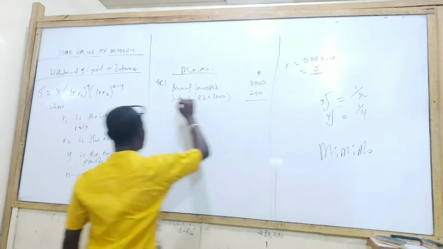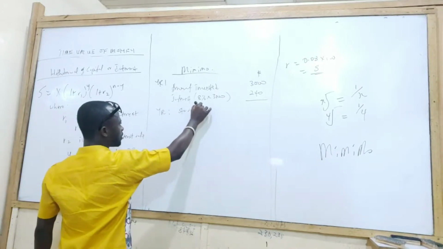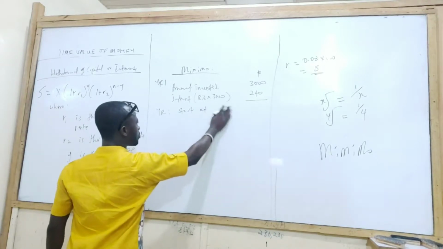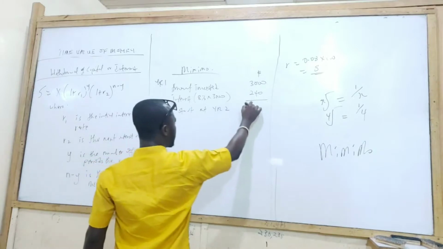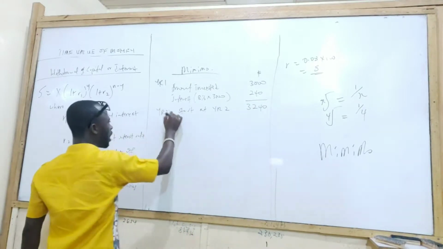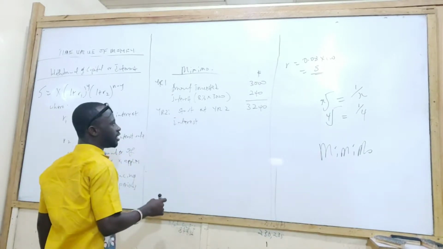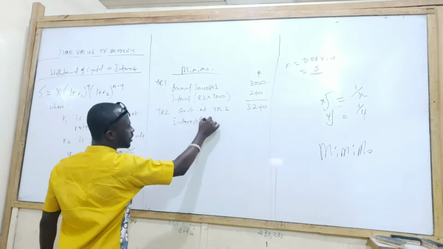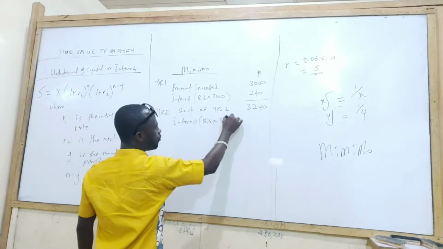That is 240. Add up. Year 2, balance at the start of year 2: how much? 3,240. Then we calculate the interest of year 2. Remember, when did Mimimo withdraw the money? At the end of year 2. So year 2, 8% times 3,240.